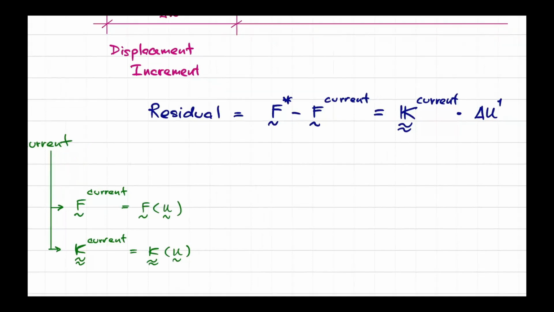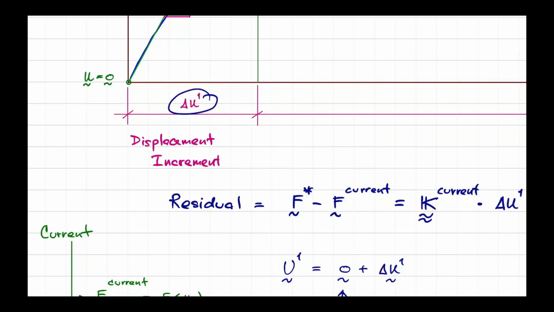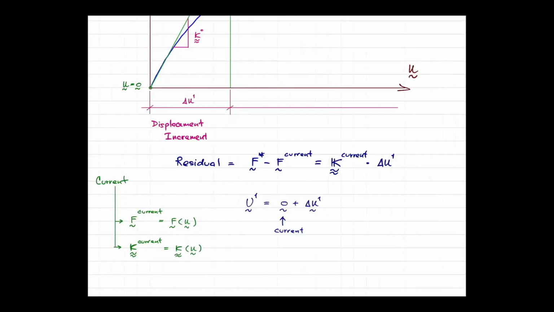Let's put it here. The displacement U1 is the update of the 0, from the current, plus the increment we obtain here, so it is basically delta U1.